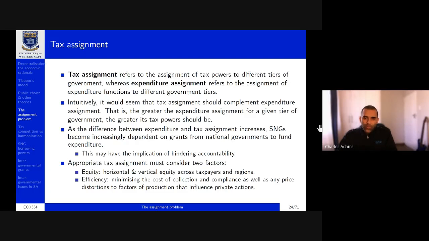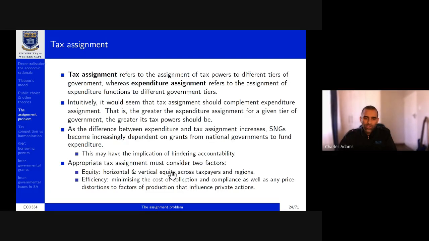Okay, appropriate tax assignment must consider two factors: equity, so that's horizontal and vertical equity across taxpayers and regions, and then also efficiency, which is minimizing the cost of collection and compliance, as well as any price distortions to factors of production that influence private action. So we've discussed this extensively before, and of course you've discussed these two issues in your macroeconomics course as well, right? So these are two of the properties of a good tax, right?